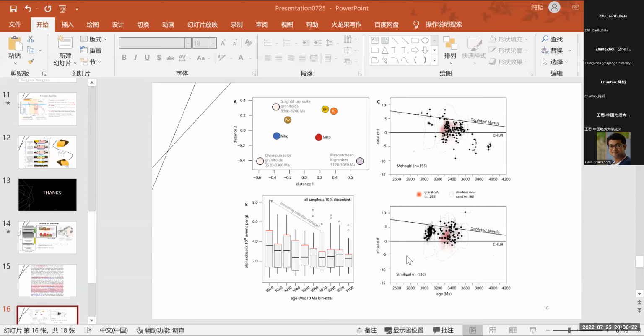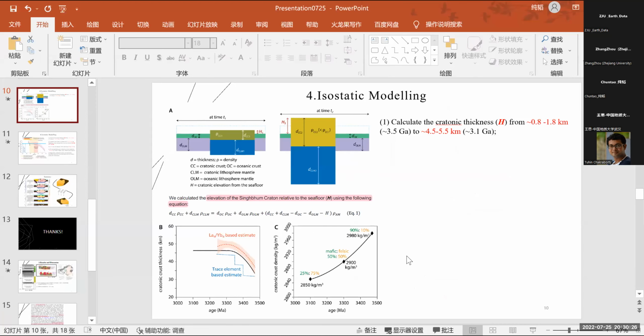Especially when I asked earlier whether there are any kimberlites: if there are none, it also lacks petrological evidence for the lithosphere thickness. Probably that will only depend on seismology to tell us. So Chuntao, go ahead.